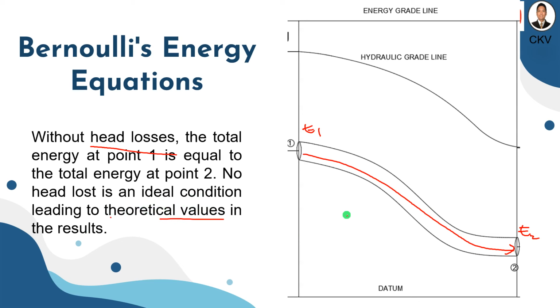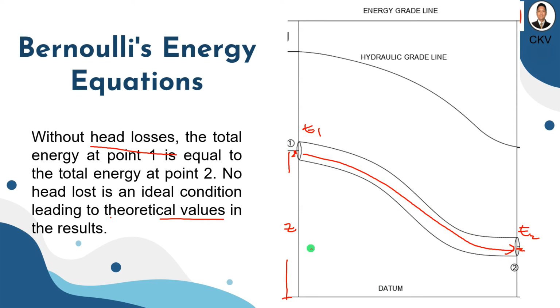Again, recalling the energy present at point 1 and point 2, we have the elevation energy. So if we have here the datum, and we are going to determine the equivalent elevation head, this is distance z.